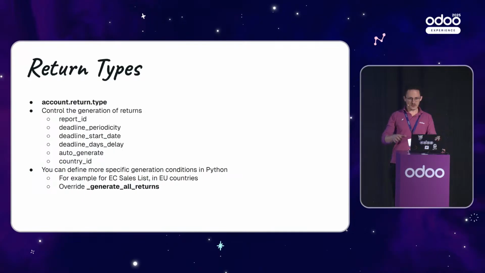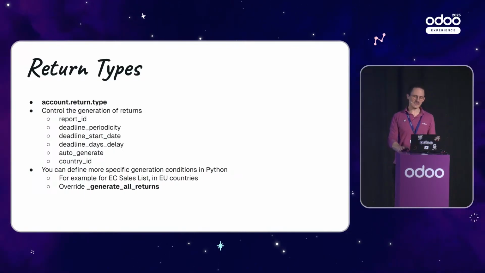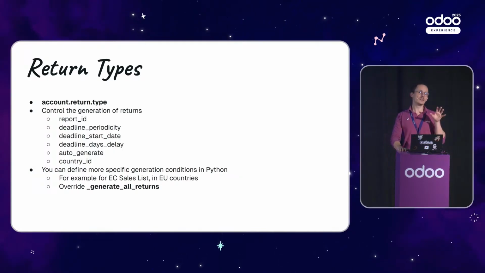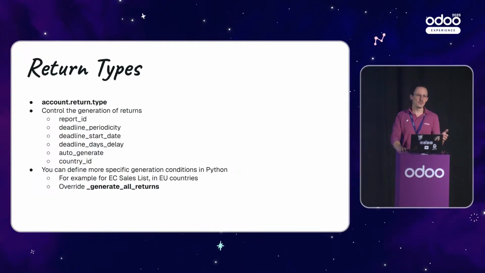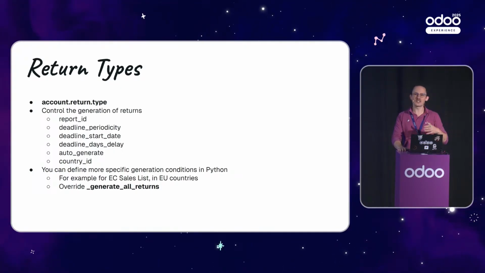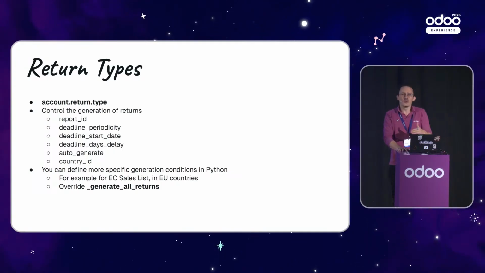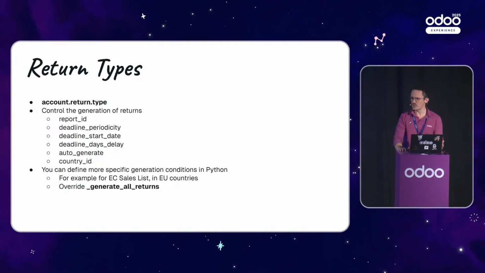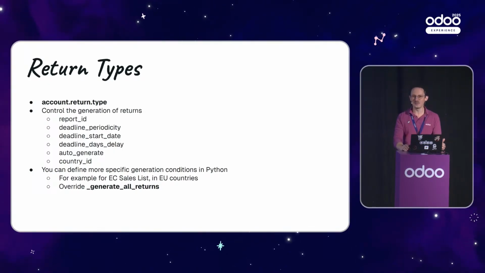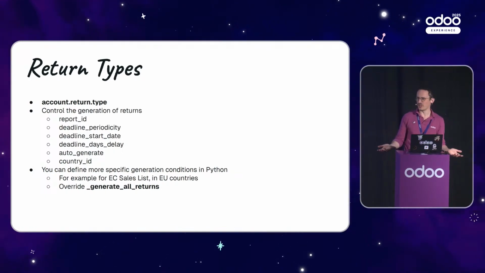If you want examples of that, we do that in the standard code in two very noticeable places: the EC sales list and intrastat reports in Europe. Those reports in the EU need to be submitted only if you made a certain kind of operations with other EU countries within the period. So of course, you don't want to always generate those returns. You don't want them to appear for every customer who would every time need to say, actually I'm not submitting that report because I didn't do this kind of operation, right?